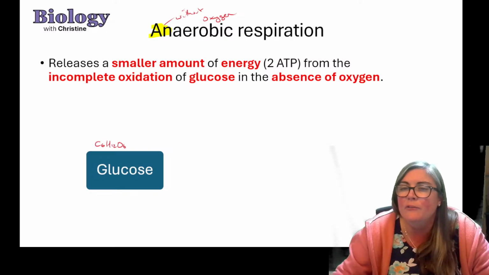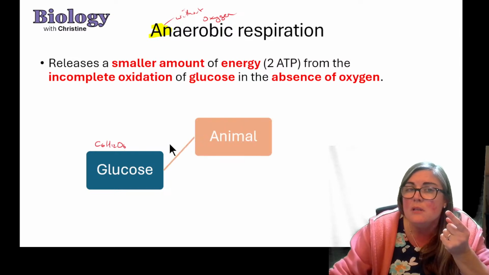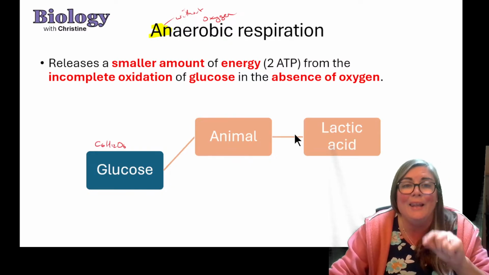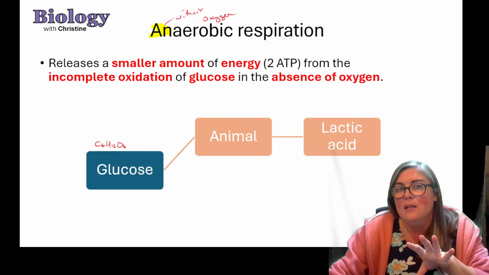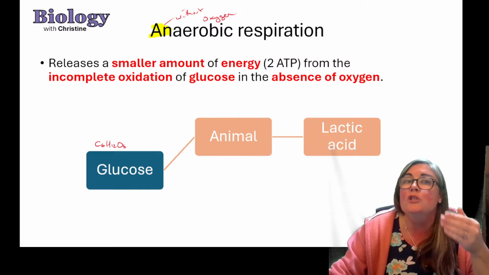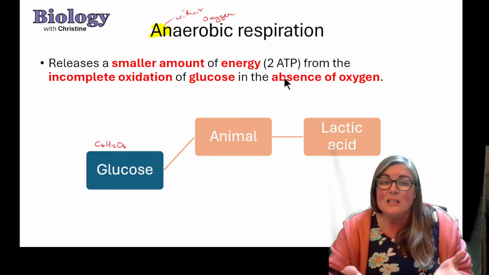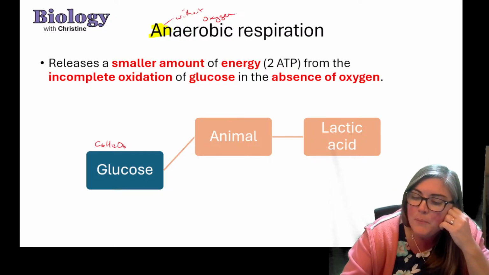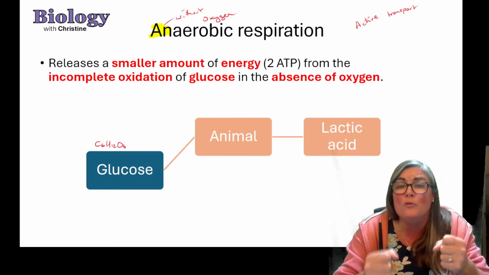But because we can't break it down fully, there are 2 types you need to know. If we are looking at animals, then the animals will break the glucose down into lactic acid, and therefore that is going to provide 2 ATP molecules, releasing a small amount of energy. And that energy could be used, as we were talking about last week, for example, for active transport. Now, I don't know what it's like where you are right now, but it is freezing here.